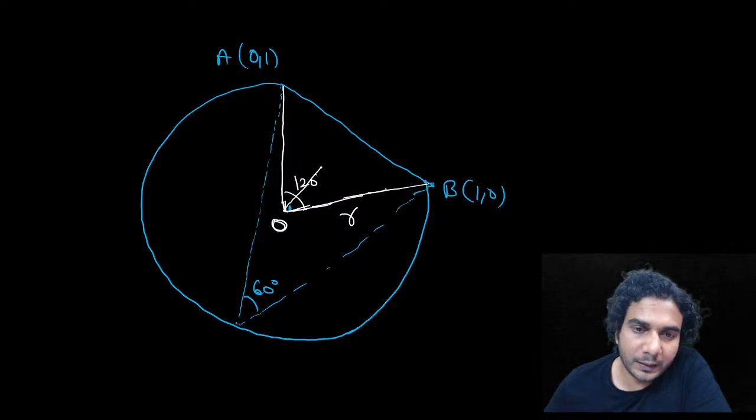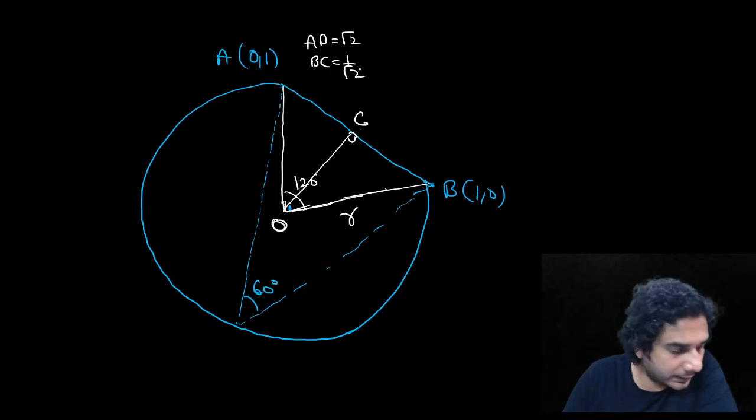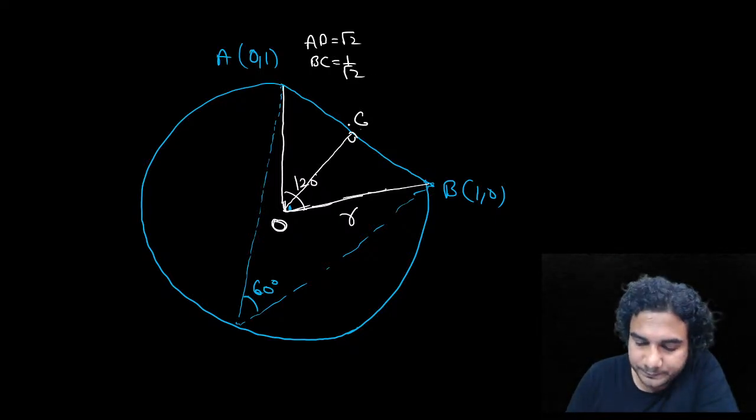If you draw a perpendicular, it will bisect this chord, so this point is C. By the way, what is this BC distance? Half of AB. AB is equal to root 2. So BC is 1 by root 2.